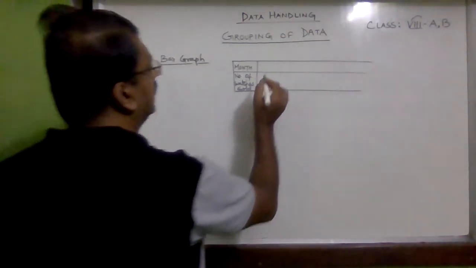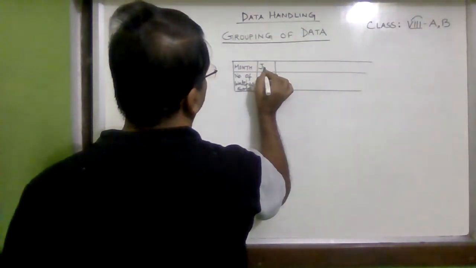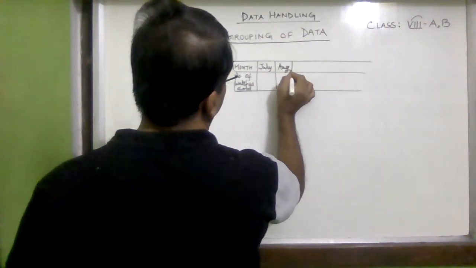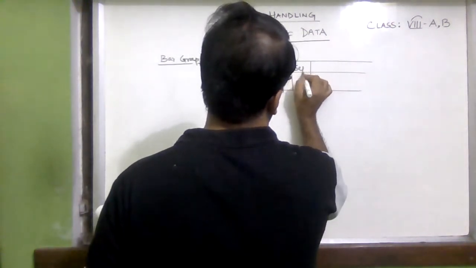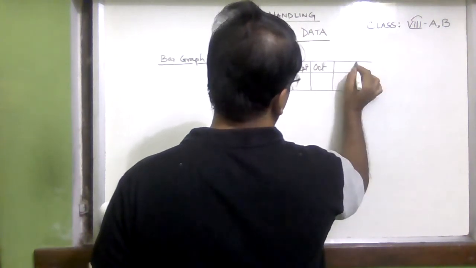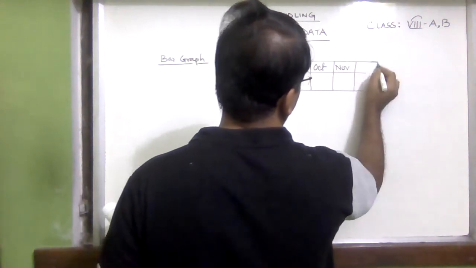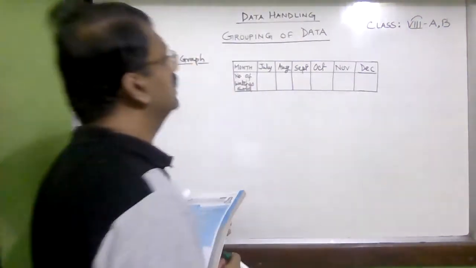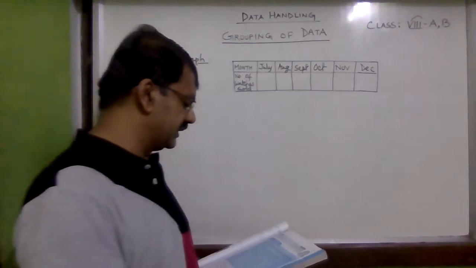It is given over there. So July, August, September, October, November, and December. 6 months. For 6 months, they have given the data.